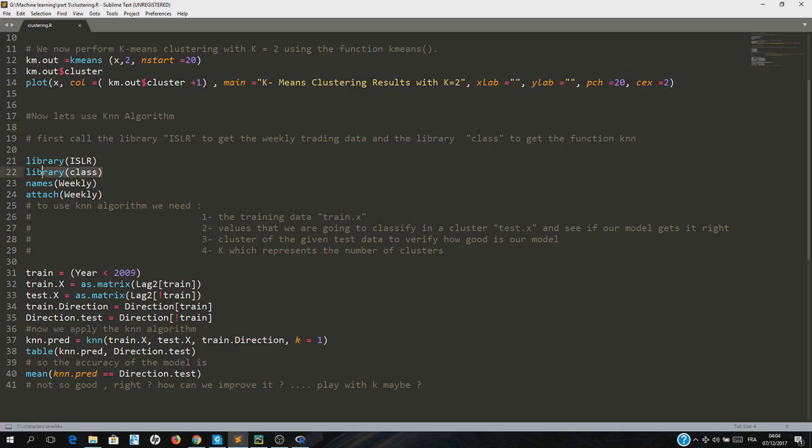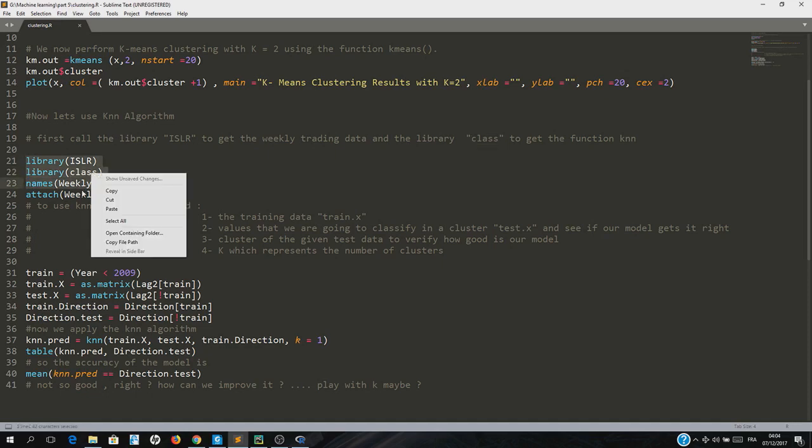And by the way, we're also gonna use the library class, because the KNN function is in the library class. So if you want to use the KNN function, we need to use that library. You don't need to download anything because all these libraries are already pre-built in R, so you don't have to worry about that.